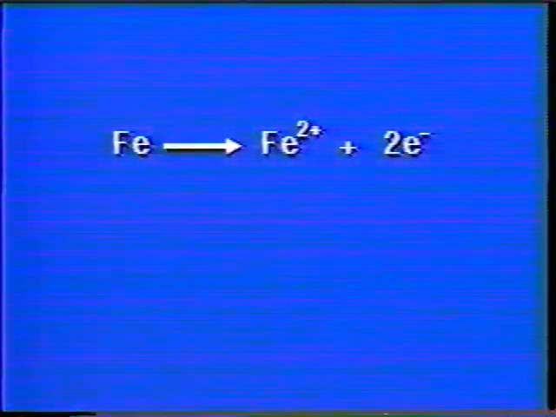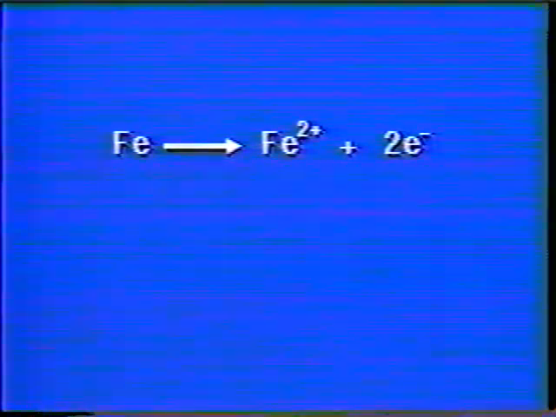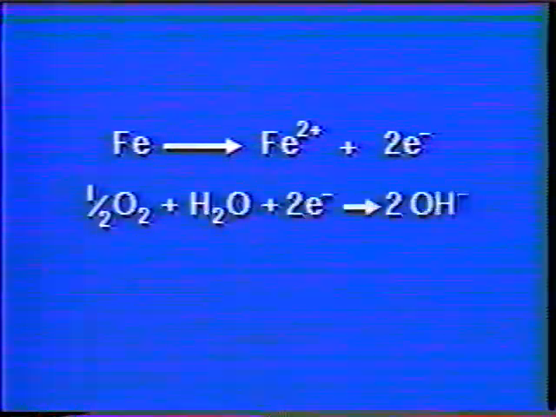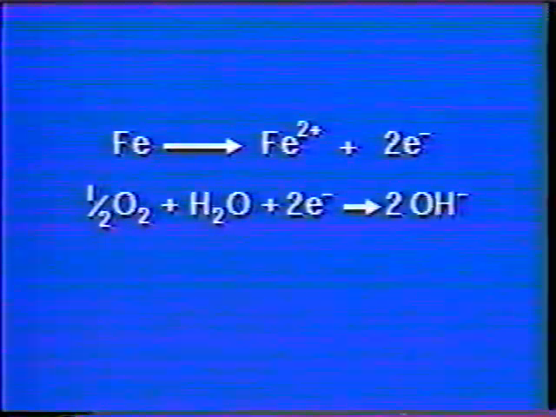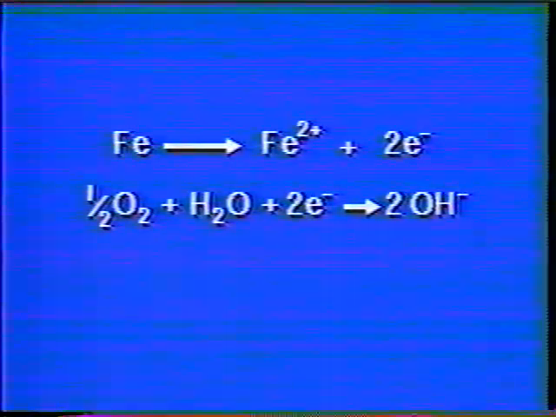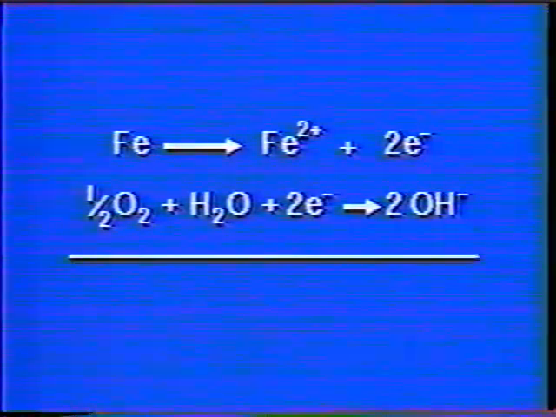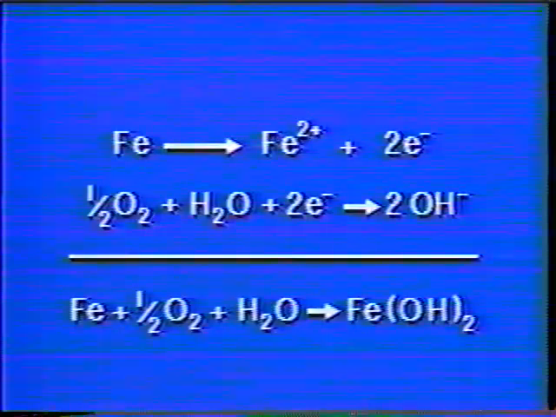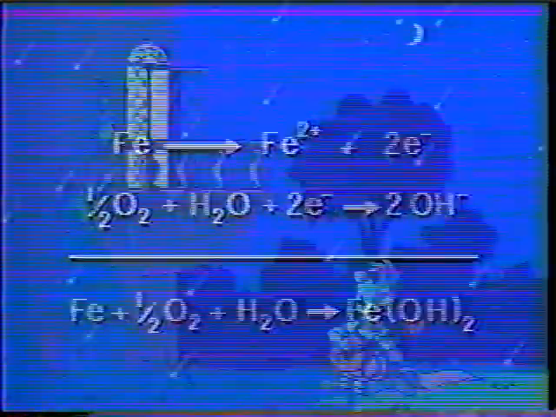We can write half-cell reactions for rusting just as we did earlier for electrochemical cells. At the anode, iron is oxidized to form ferrous ions. At the cathode, oxygen is reduced in the formation of hydroxyl ions. The two half-cell reactions add together to describe the overall reaction.